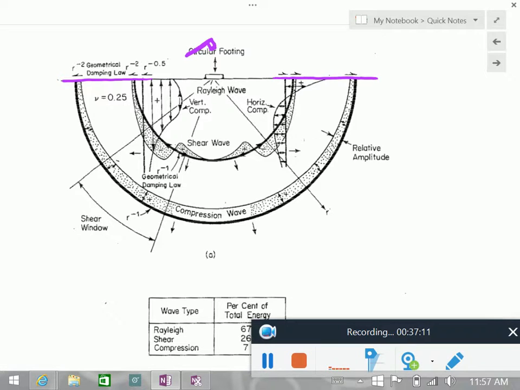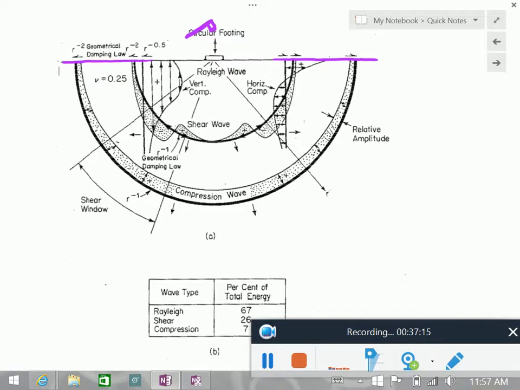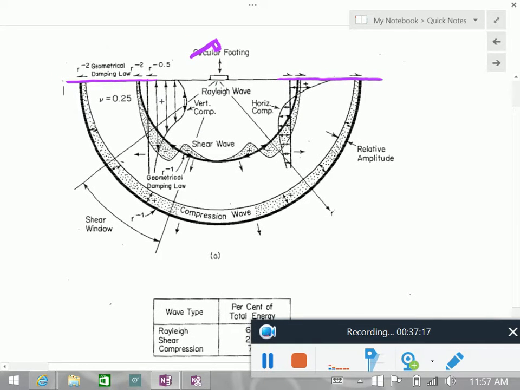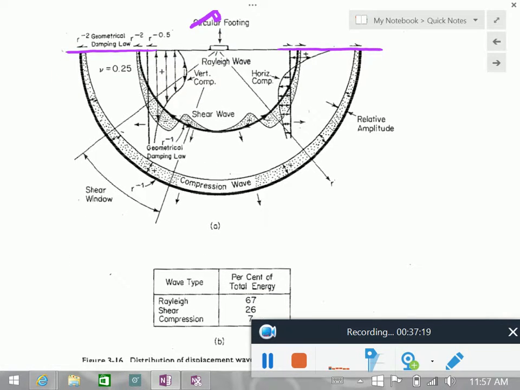This diagram has a lot of information in it. But what I want you to pay attention to are, first of all, let's look at compressional wave. The large sphere that you see, this one, this is the wave front of the compressional wave. This is spherical, as you can see. Its maximum is just underneath your load.